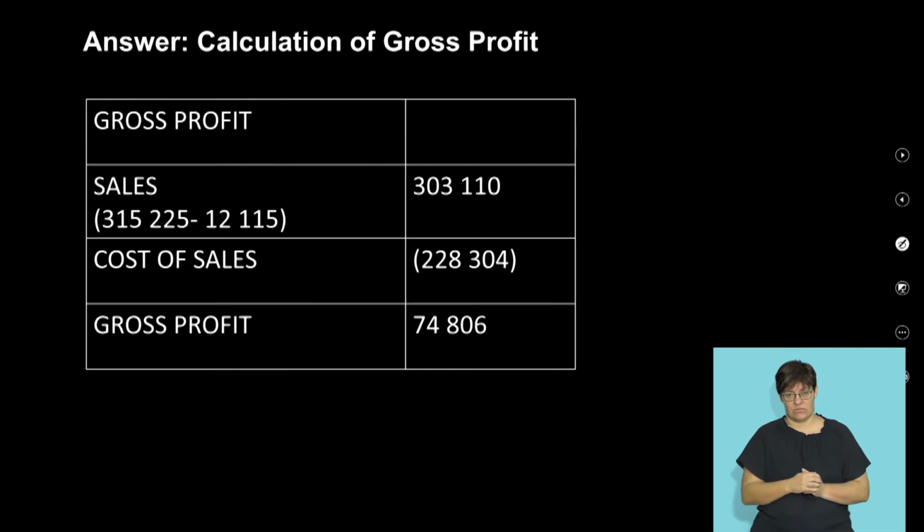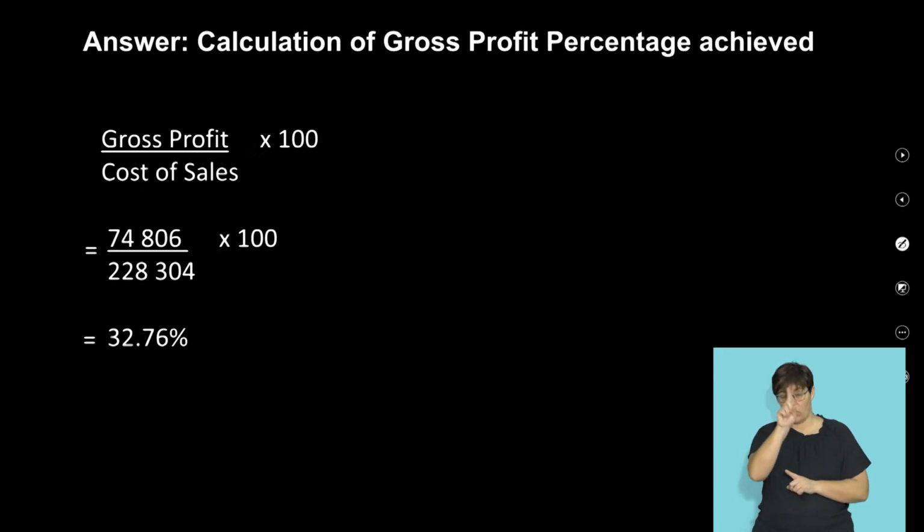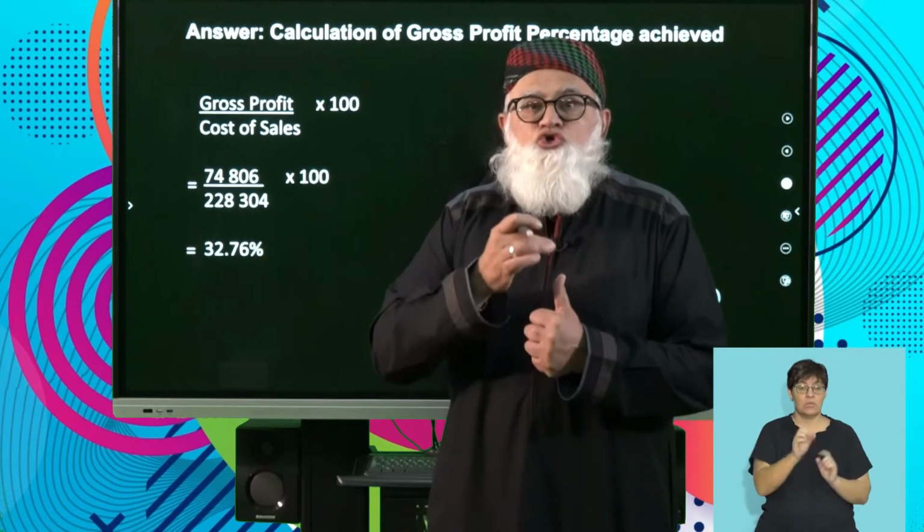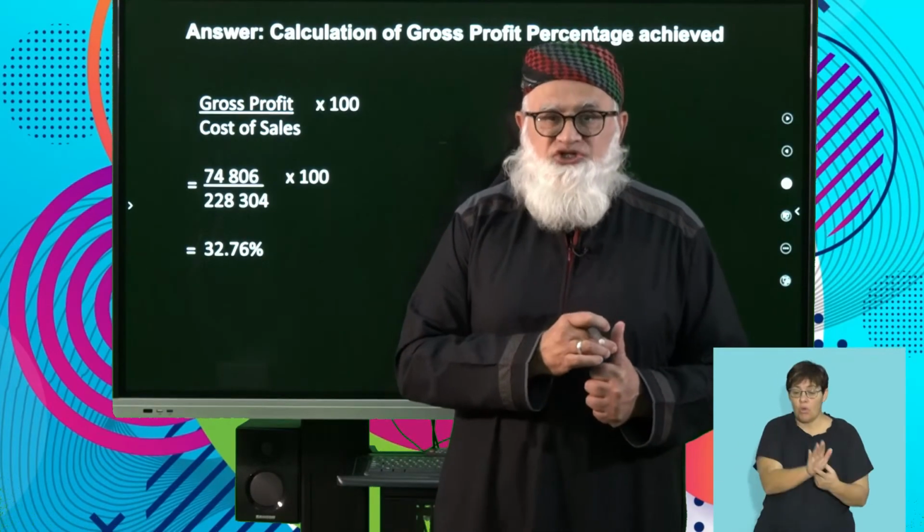Once I have that figure, clearly you can see you're going to take your sales minus your cost of sales to give you your gross profit. Okay, so what you understand from this question is that whenever you are calculating, it is important for you, one, to show your calculations.